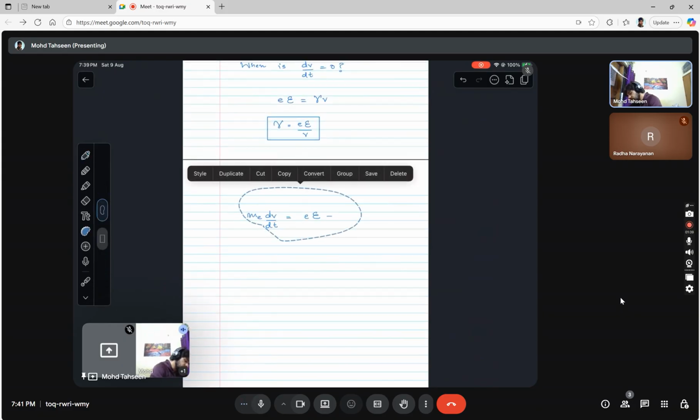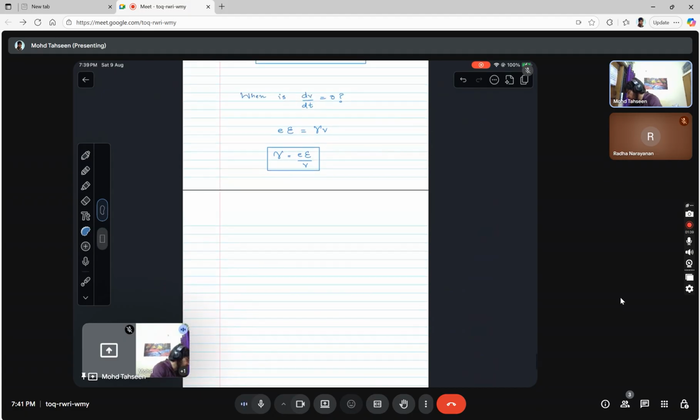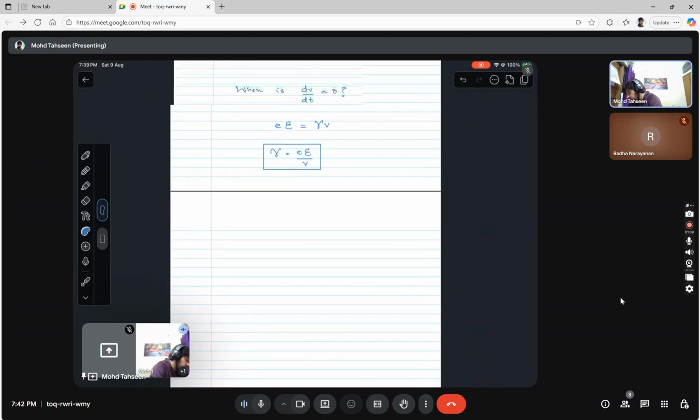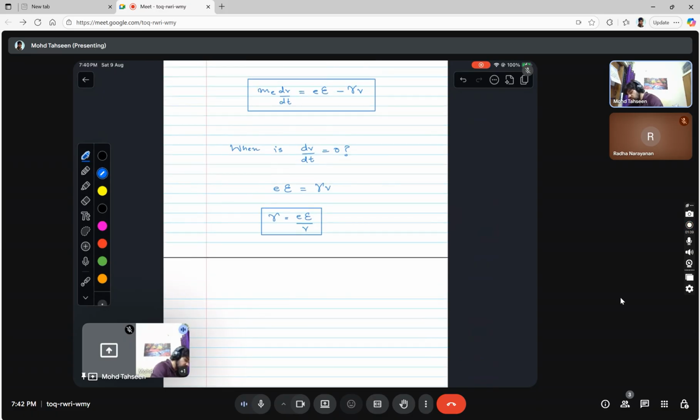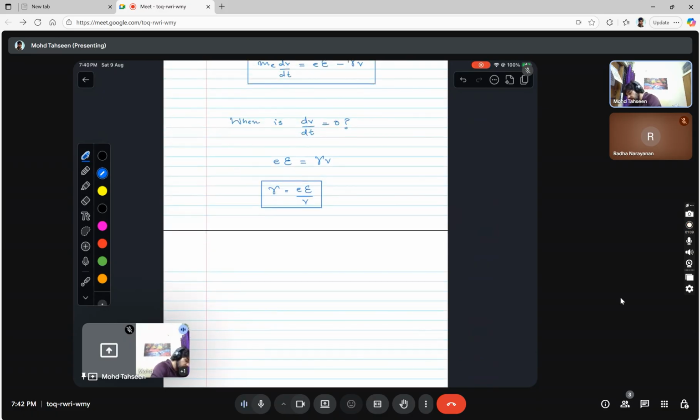Now what I want to say is that this acceleration will be 0 when the velocity corresponding to this acceleration has been achieved, and this is the constant velocity, right? The final velocity.